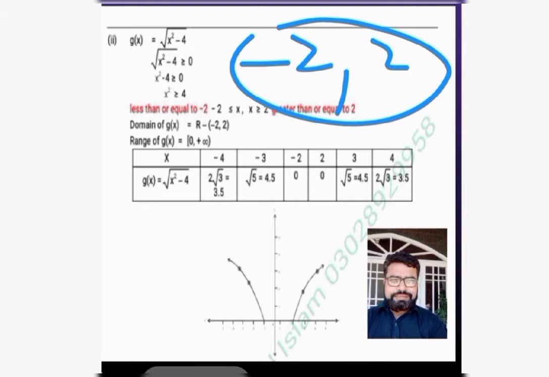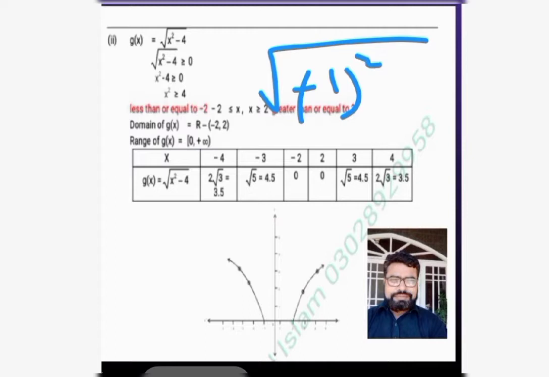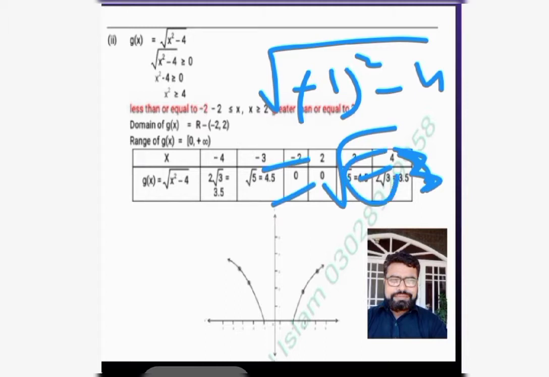You have to check. If we put minus 1 here in the square root, minus 1 square is 1, 1 minus 4 is minus 3 under the square root. You know that in square root, if there is a negative sign, the answer will be a complex number.